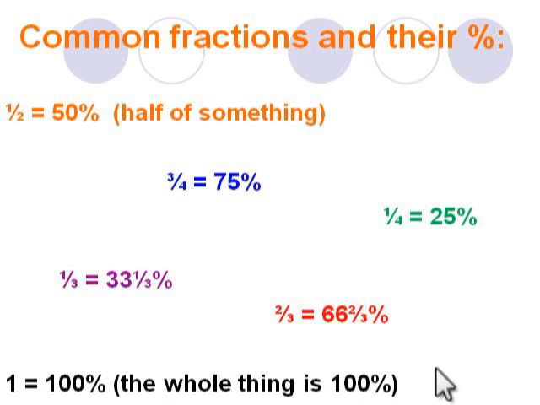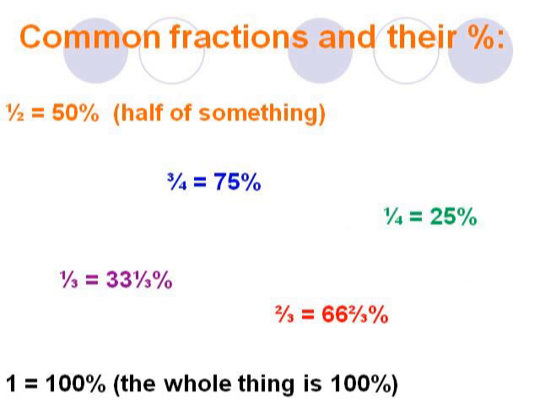1 is 100%. The whole thing, a whole thing, is 100%. And then 1/3 is 33 1/3%, or 33.3 repeating percent. 2/3 is double that, or 66 2/3, or 66.6 repeating percent. Just some common fractions and percents to know.